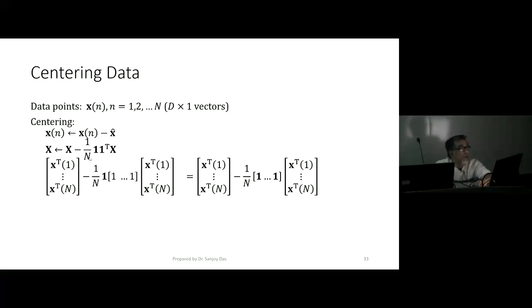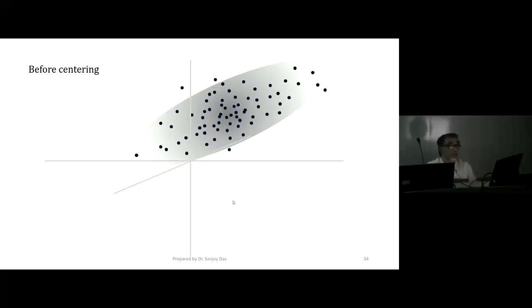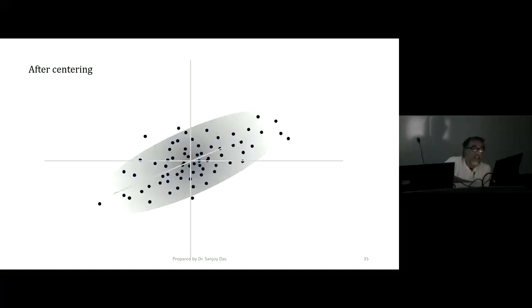So this is what you can do to center the data. Before centering, this is what the data looked like, and it follows some high-dimensional Gaussian distribution, let's say. After centering, it moves all the points so that the sample mean, or the sample average, coincides with the origin.